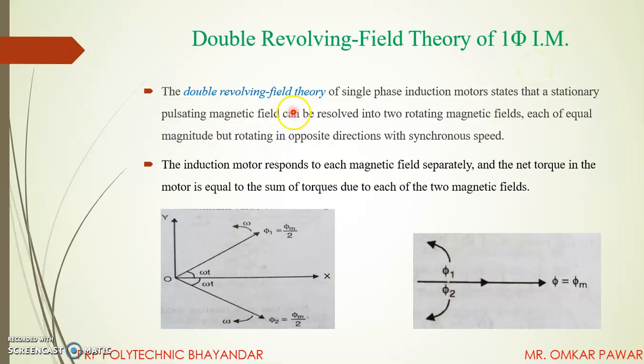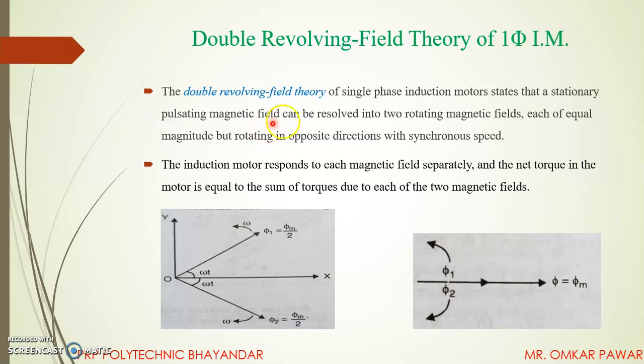The double revolving field theory of the single phase induction motor states that a stationary pulsating magnetic field, that is, the AC waveform, which is like this sine wave, will produce a torque in one direction for the first half cycle and in the opposite direction for the next half cycle. So the rotor does not move.